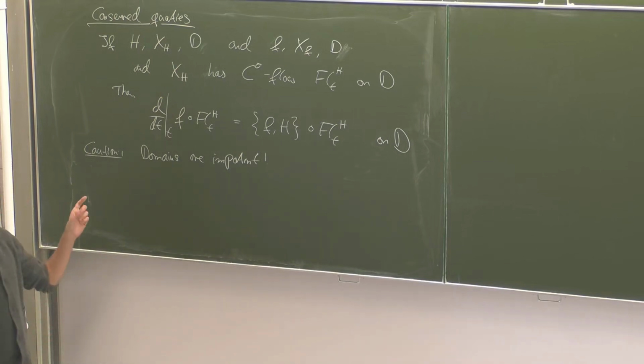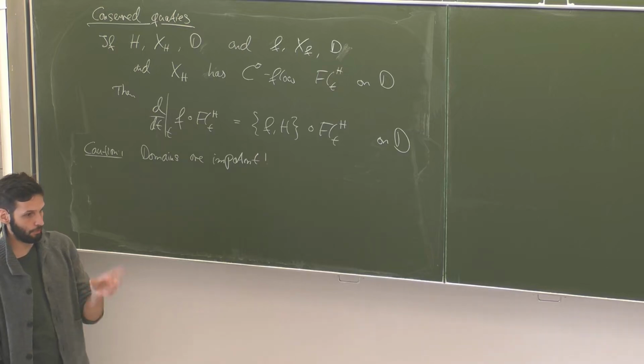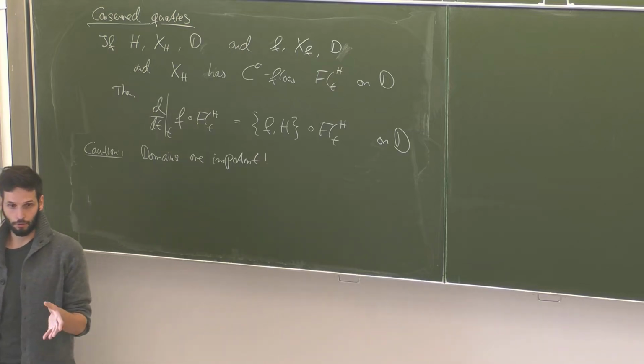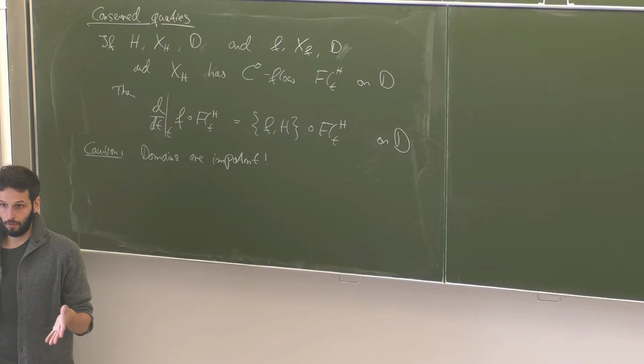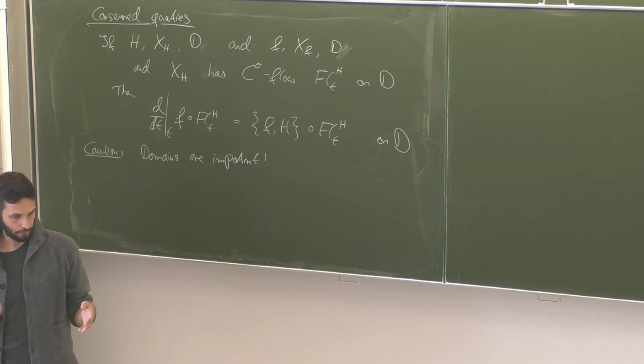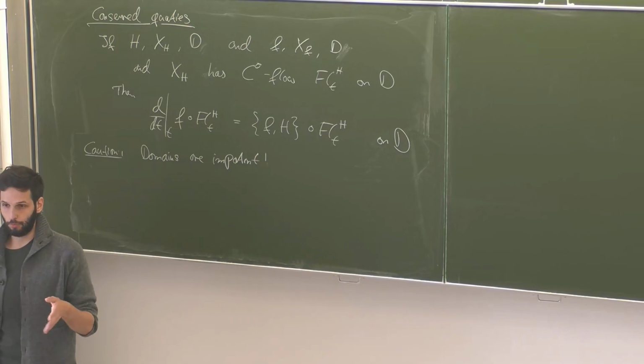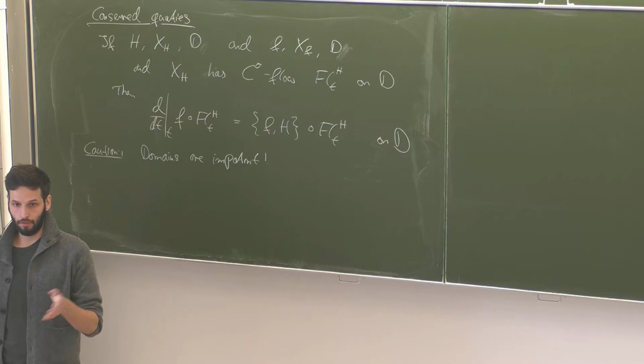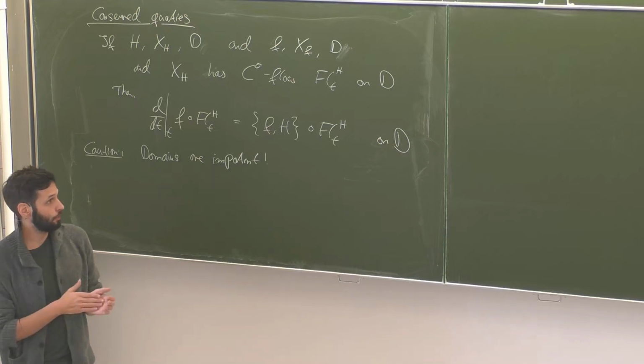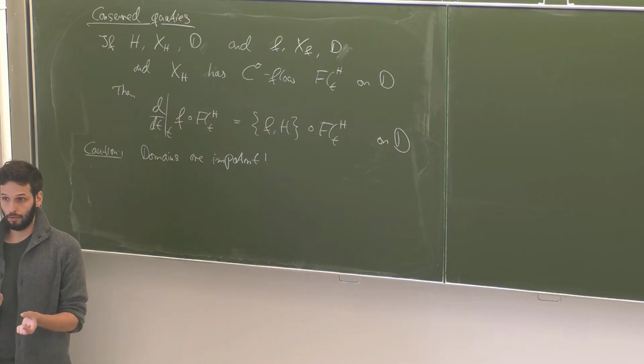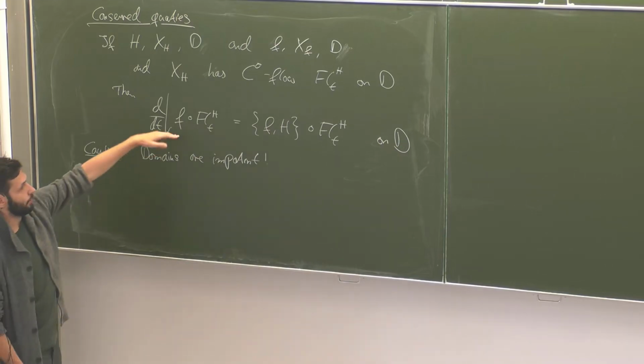The second one is that there are examples of unbounded operators which have a zero commutator, but their flows, or the semigroups that they induce, still don't commute. And that's something that you don't want.